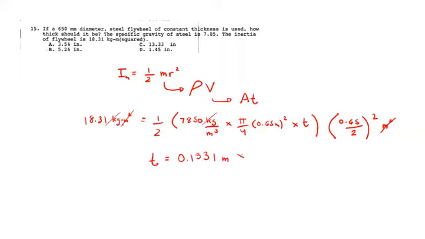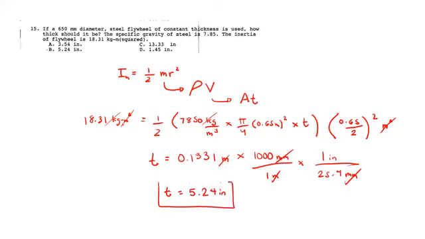So times, convert natin: times 1,000 mm per 1 meter, then times 1 inch per 25.4 mm. Ilan yung makuha natin thickness dito? 5.24 inches. So the answer is letter B.